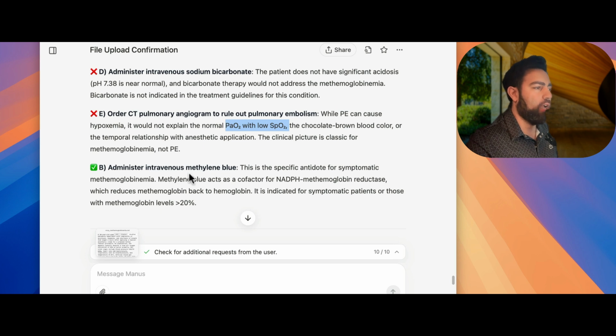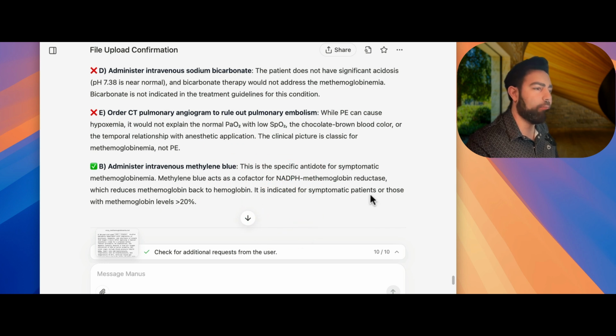Administering IV methylene blue. This is the specific antidote that we use for symptomatic methemoglobinemia. Methylene blue acts as a cofactor for NADPH methemoglobin reductase, which reduces methemoglobin back to hemoglobin. It is indicated for symptomatic patients or those with methemoglobin level greater than 20%.